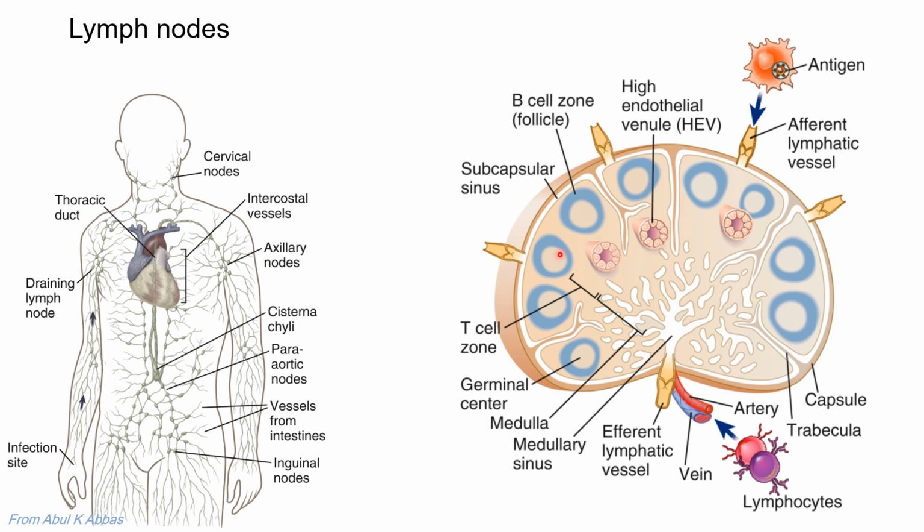In a similar fashion, B cells which have entered the lymph node have become mature in the bone marrow, and they've been selected for their lack of reactivity to self. We call that central tolerance.